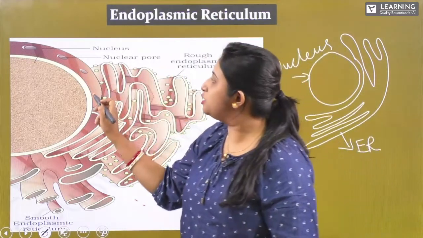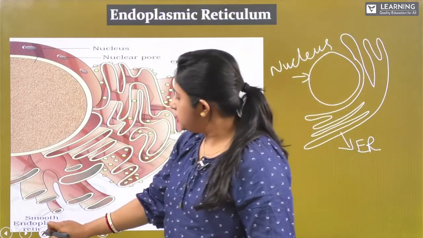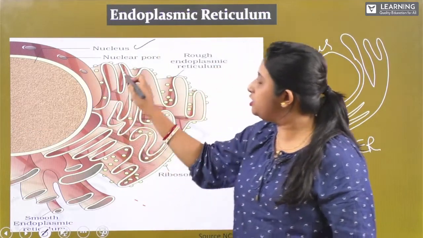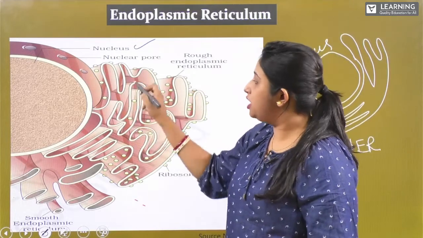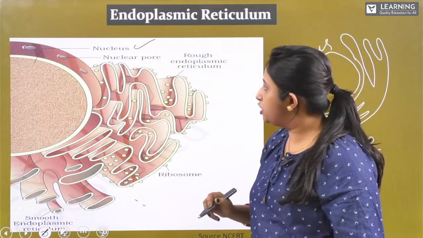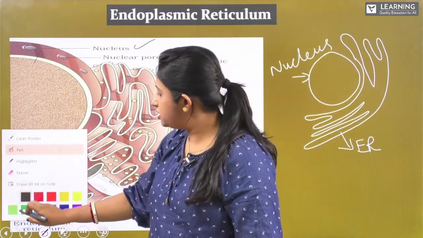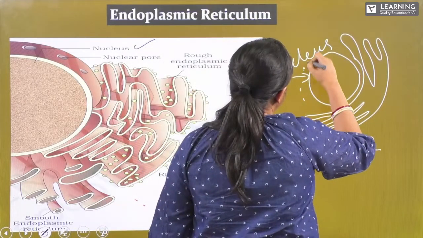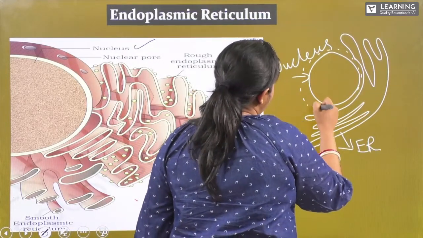As you can see in the picture, this is the nucleus, right? Surrounding the nucleus, you can find the endoplasmic reticulum. The nucleus has nuclear pores, and it also has a nuclear membrane.